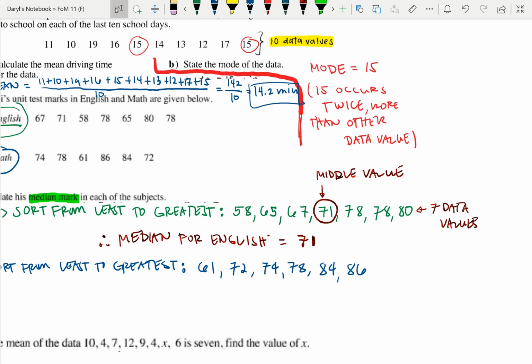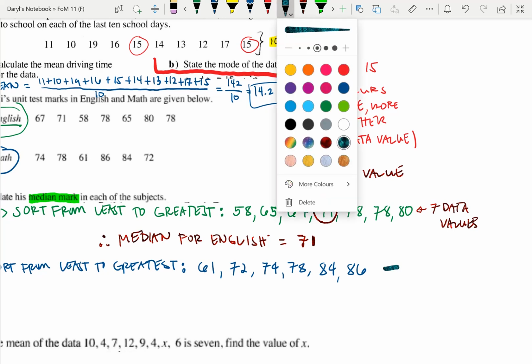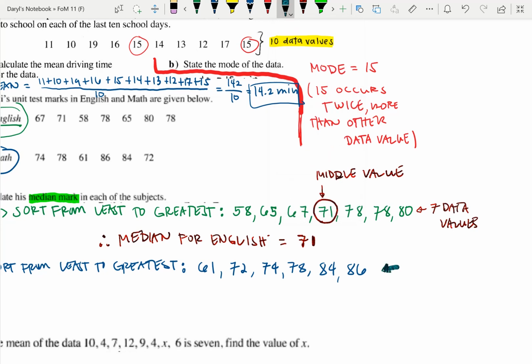So if you can see here, all in all, if you can count the number of data values that you have 1, 2, 3, 4, 5, 6. 6 data values.